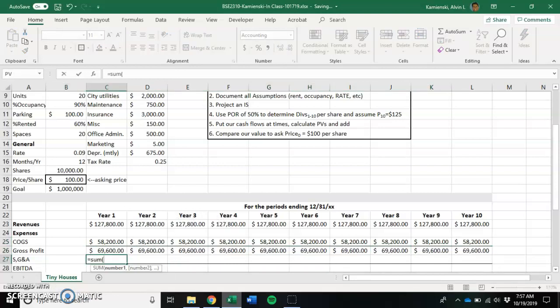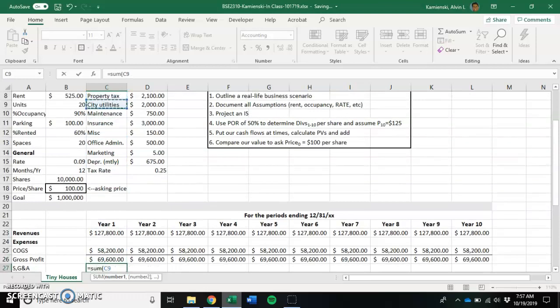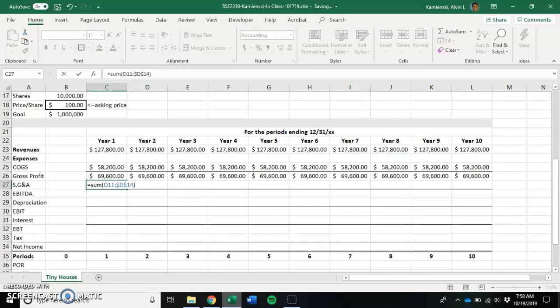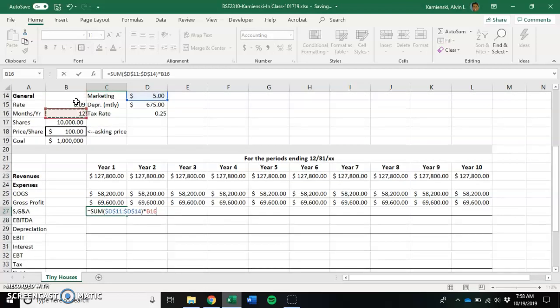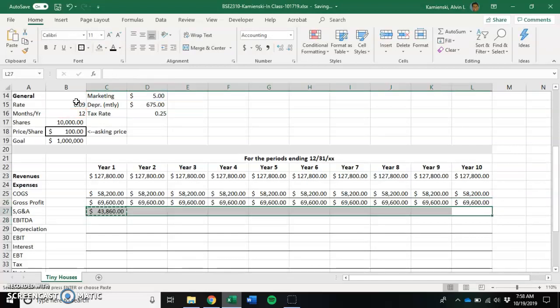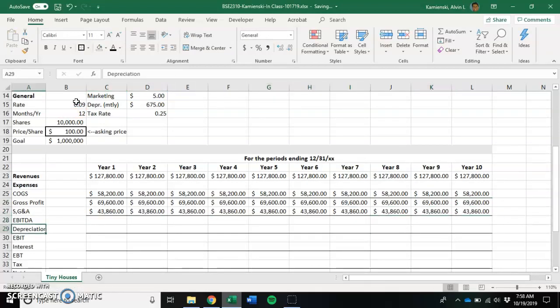Then, this time, when I sum up all of the other costs here, during building the formula, I can use my F4 key to go ahead and lock those so that I can go ahead and estimate out for our entire 10-year period all of our sales, general, administrative costs, EBITDA being the sum total of those two.